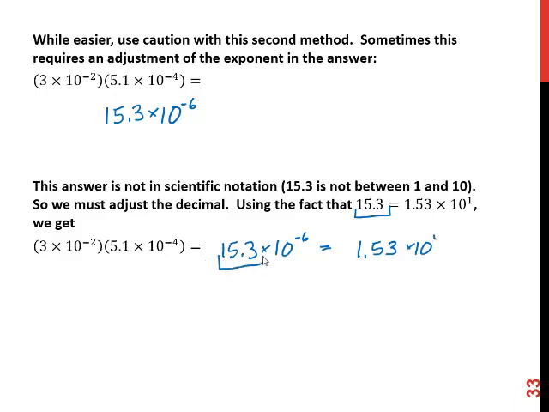That's this 15.3 part. And then bring along the 10 to the negative 6 for the ride. But here I have a base to a power and that same base to a power, so I can pretty that up a little by combining those terms. We get 1.53 times 10 to the 1 plus negative 6, which is negative 5. And that gives me my answer.